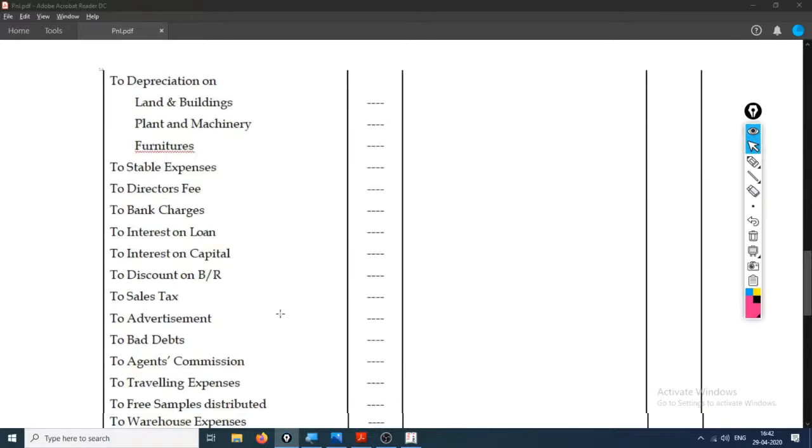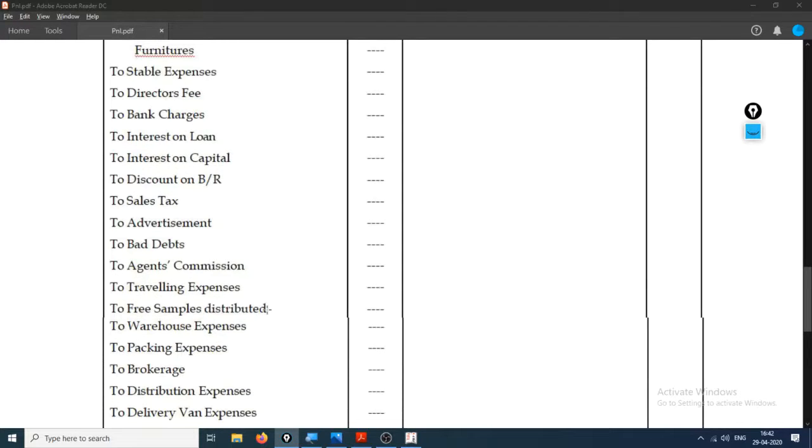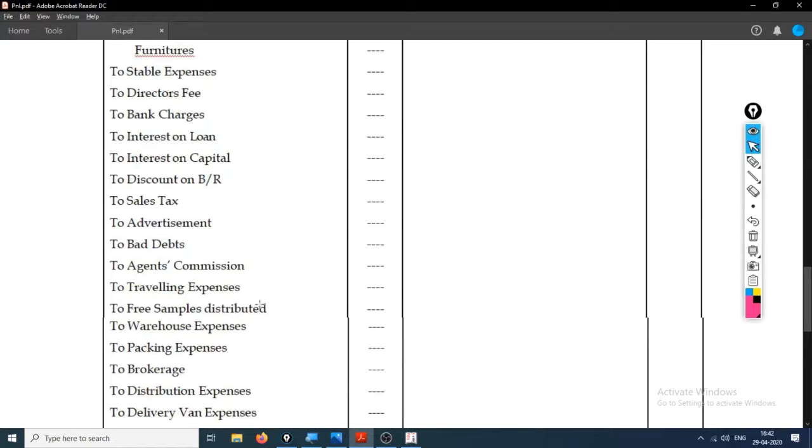Okay, so lots of indirect expenses examples are given right here, that is depreciation. We'll learn about depreciation soon. Directors fees, bank charges, interest on loan, discount, sales tax, advertisement, bad debts. We'll learn about bad debts too. These are basically the examples of what indirect expenses are.